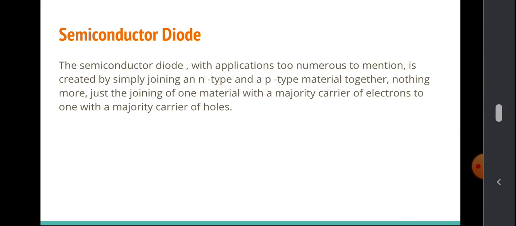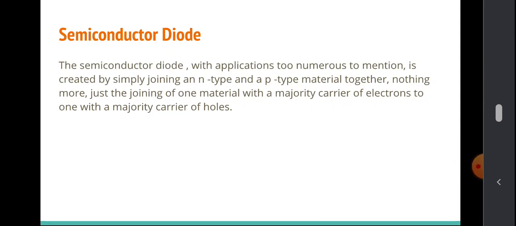A semiconductor diode, with applications too numerous to mention, is created by simply joining an N-type and a P-type material together. Nothing more. Just the joining of one material with a majority carrier of electrons to one with a majority carrier of holes. The word semiconductor is composed of two words, semi and conductor.